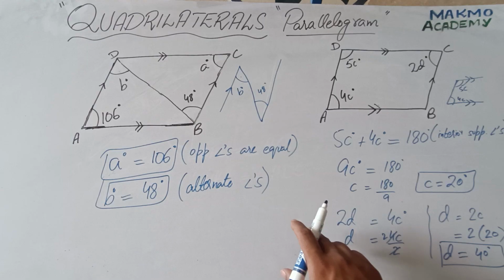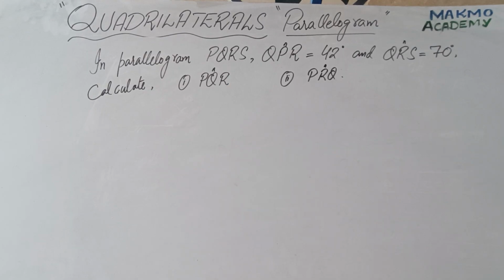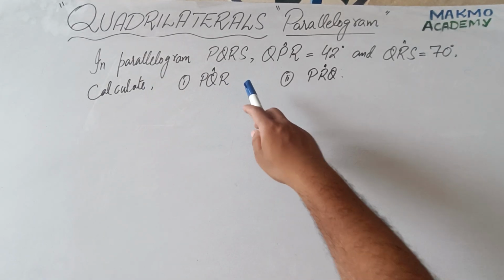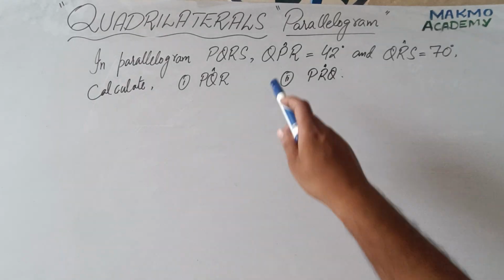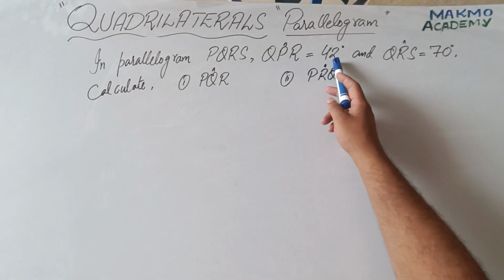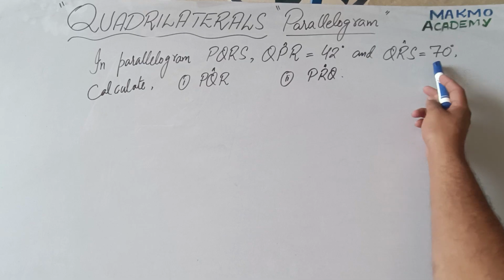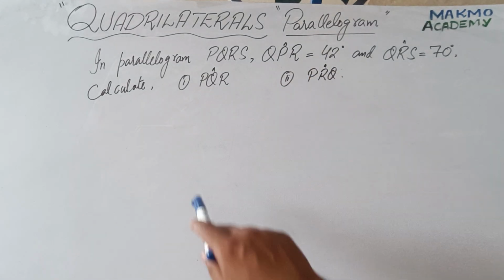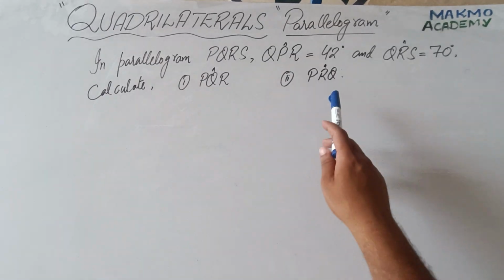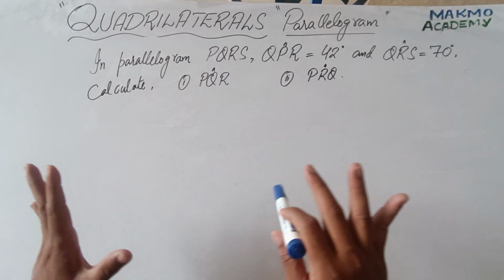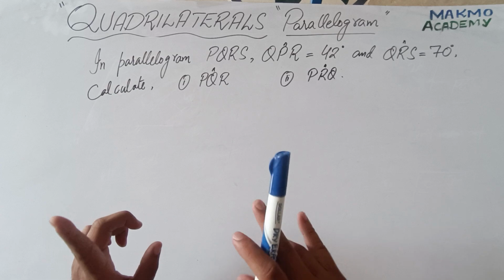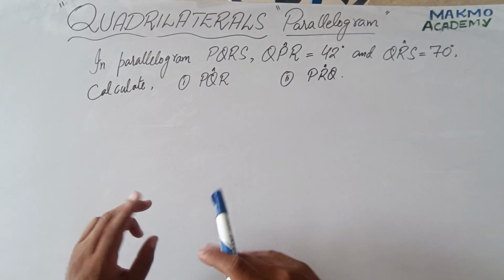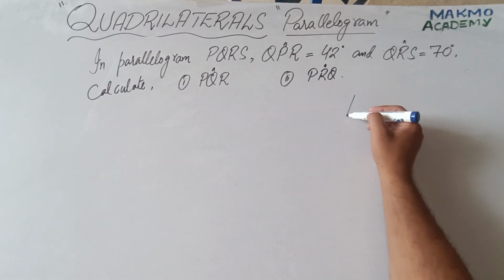Let's proceed forward. Now guys, let's look at this problem. In parallelogram PQRS, the size of angle QPR is given, which is equal to 42. Angle QRS is equal to 70 degrees. Calculate the size of PQR and PRQ. No figure is given, so we need to construct a figure to understand this problem first of all.